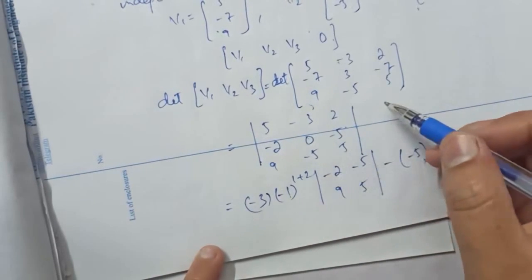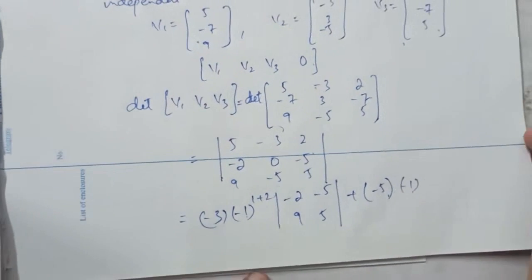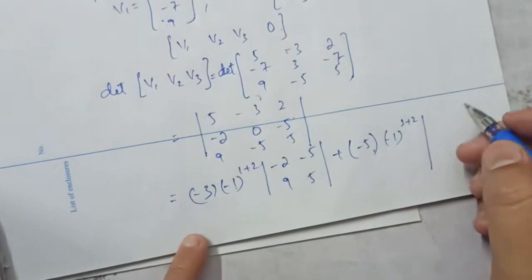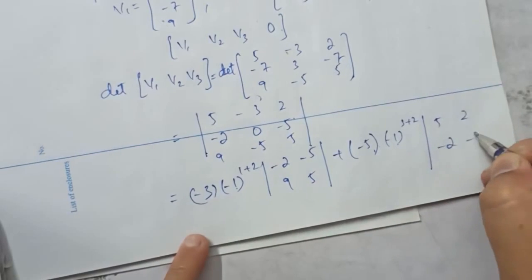I should write this as 3, 2, and this comes out to be 5, 2, minus 2, minus 5, right?